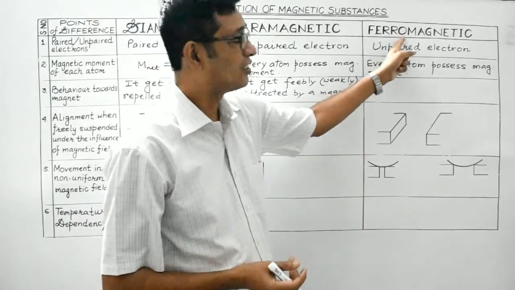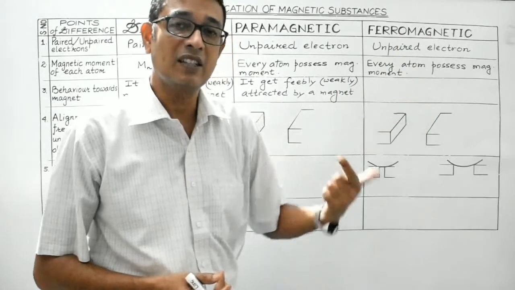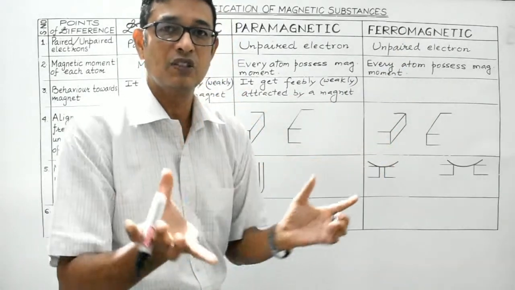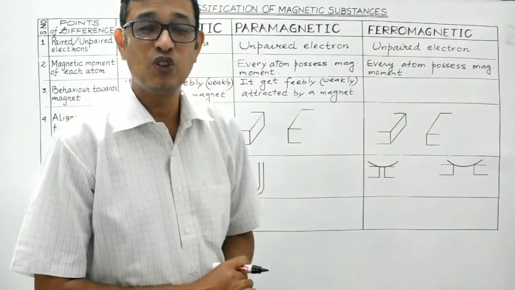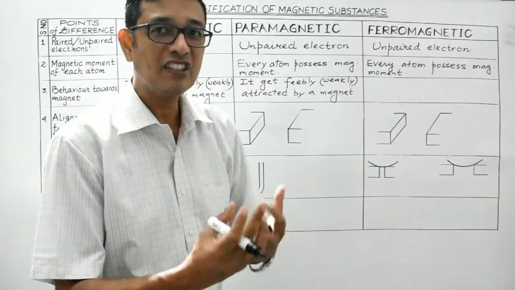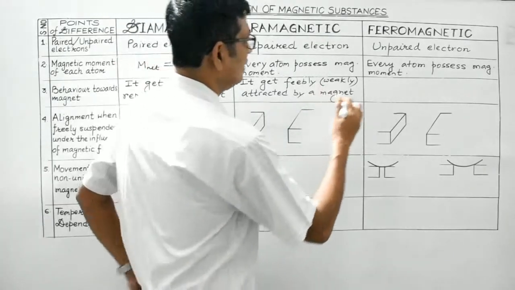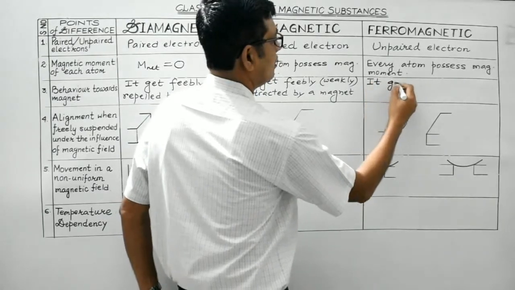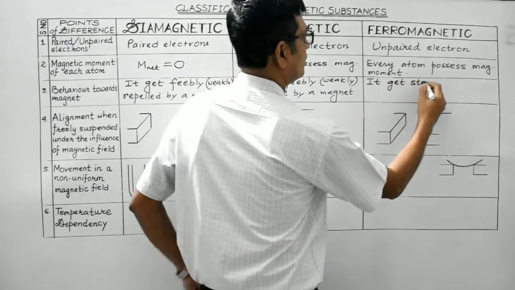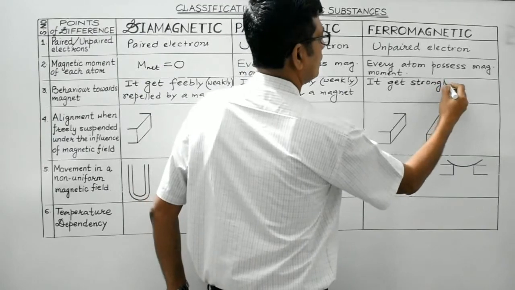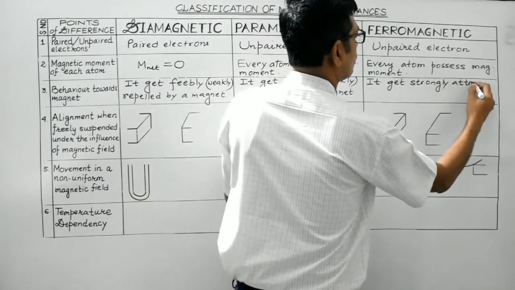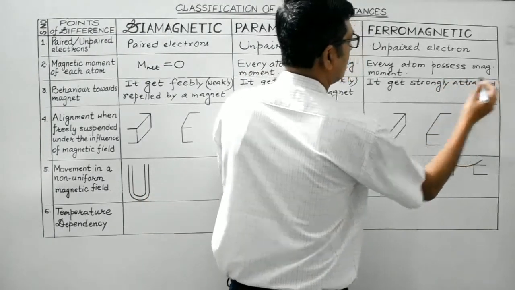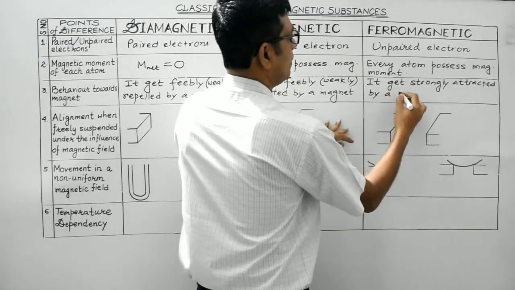So instead of considering individual atoms in ferromagnetic substances, we consider a group of atoms having common alignment. Those are known as domains. Interactions are stronger. So in this case, a ferromagnetic substance gets strongly attracted by a magnet.